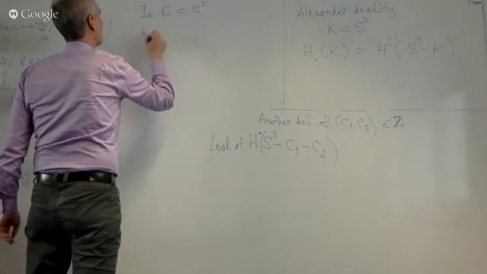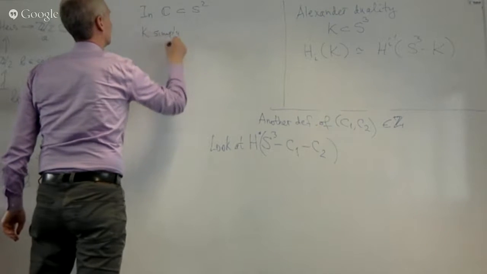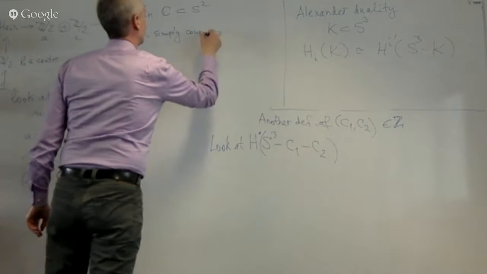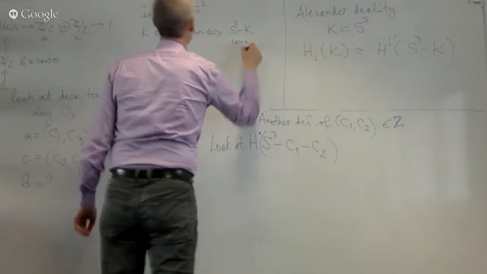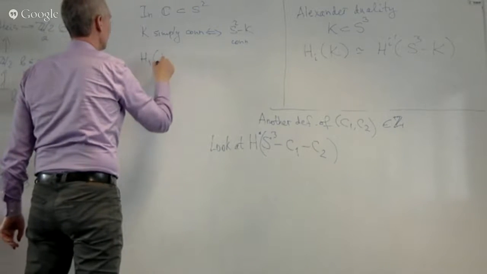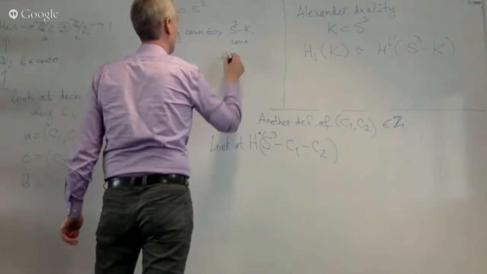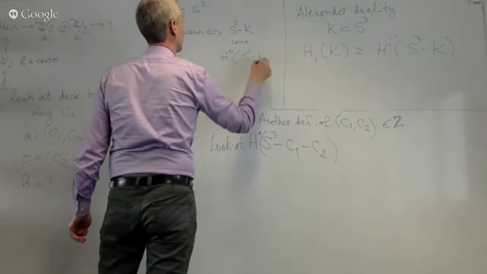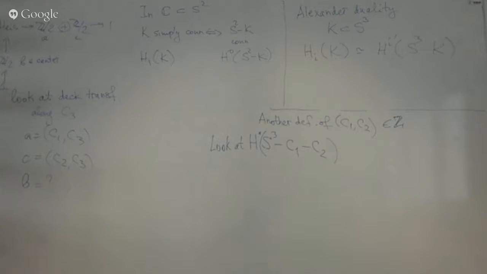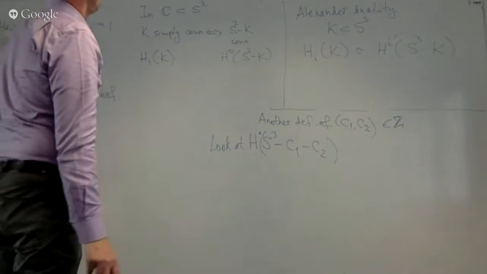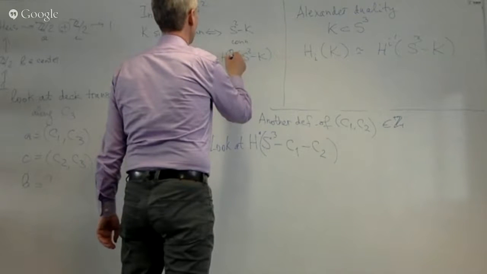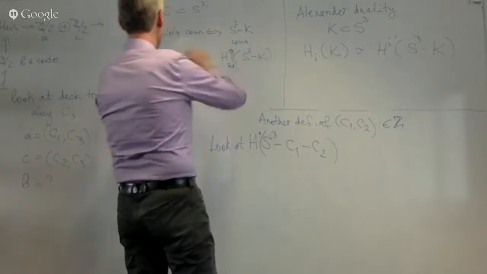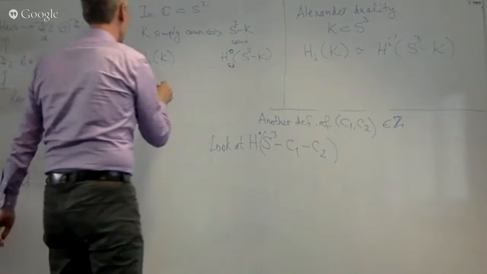K is simply connected if its complement, S2 minus K, is connected, meaning H1 of K has something to do with H0 of S2 minus K. One can write it properly with reduced homology, H1 and reduced H0, either way around.